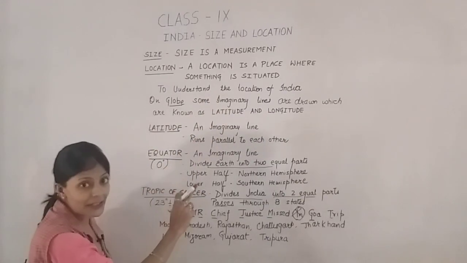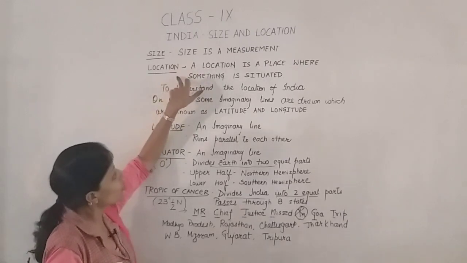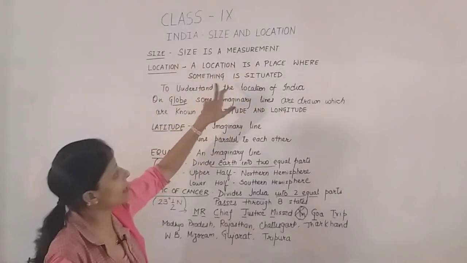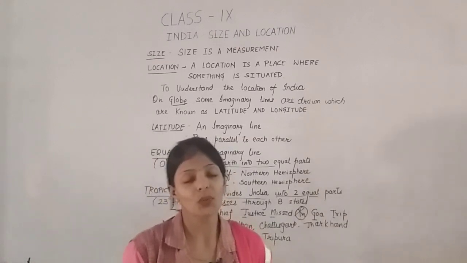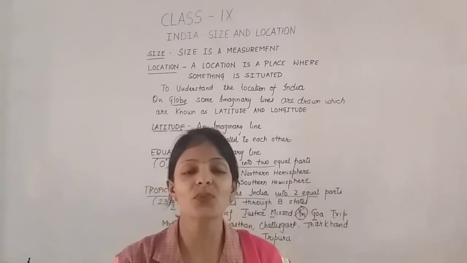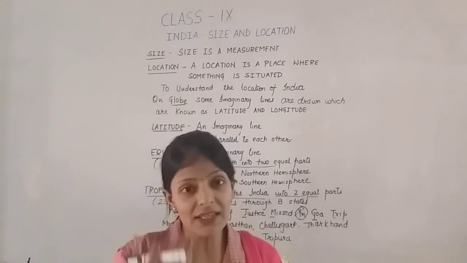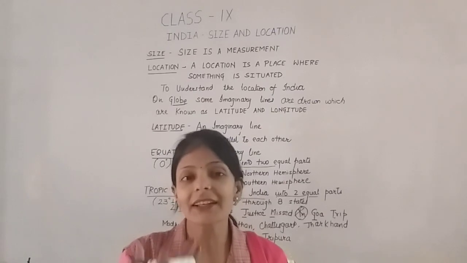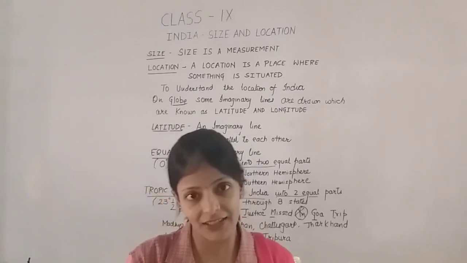Let me repeat it. Size is a measurement, whereas location is a place where something is situated. Let me explain this through one example. If someone asks you, students, where is the location of RSV, you must answer that RSV is located in JNV colony or near Chalana.